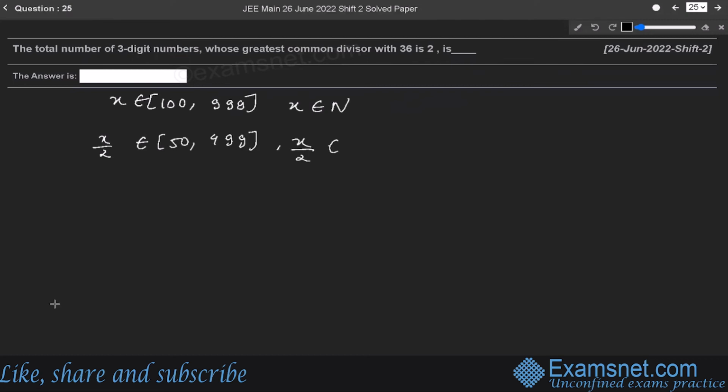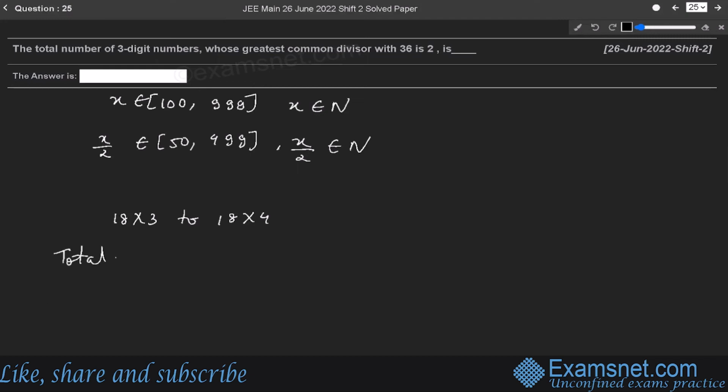Again, x by 2 belongs to N. Now, numbers whose GCD with 18 is 1 in this range have the required condition. Therefore, there are 6 such numbers from 18 into 3 to 18 into 4. Similarly, from 18 into 4 to 18 into 5, and so on up to 26 into 18 to 27 into 18.